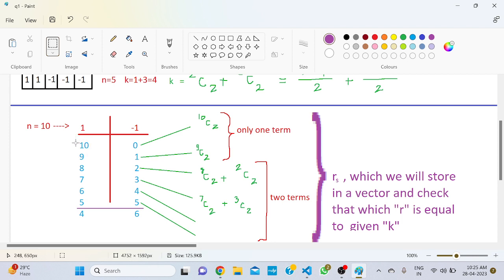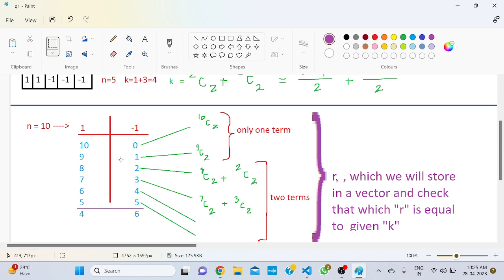Either we can put all 10 elements as 1 and nothing as -1, or we can put 9 elements as 1 and 1 element as -1, or we can put 8 elements as 1 and 2 elements as -1.